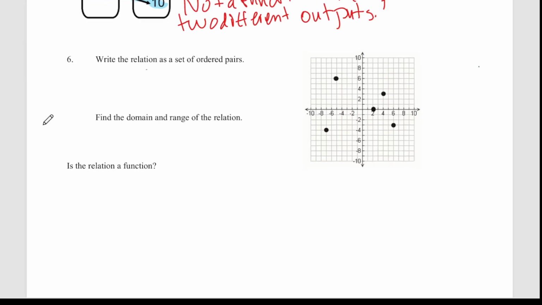To also give you this information on a coordinate plane, go ahead and pause your video and see if you can do the same exercise. Write the set of ordered pairs that is this relation, determine the domain and range, and then decide if it's a function.